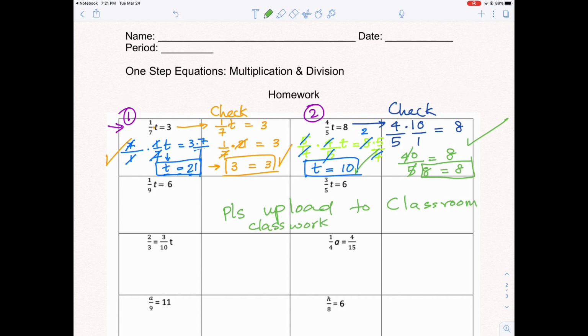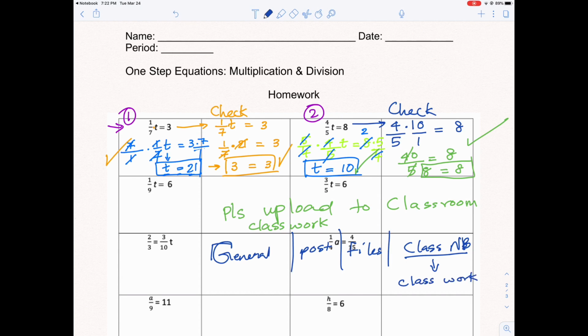When you go to your Teams, you're going to see tabs like General, Posts, Files, and the Classroom Notebook. These are your tabs. You click on your class notebook and choose the Classwork tab to do these problems.